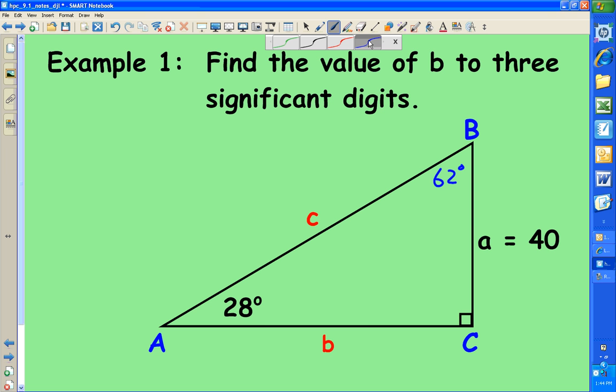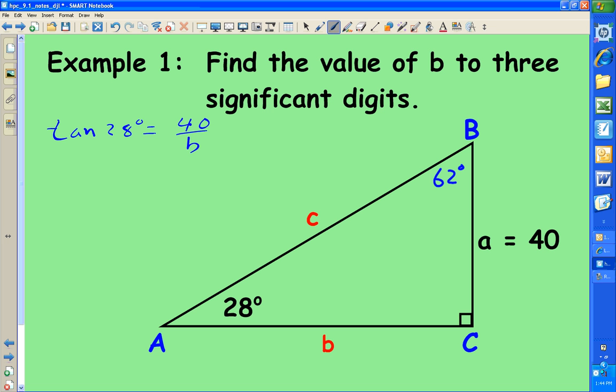The sine of 62 is equal to B over, never mind. How come? How come never mind? Because we don't know the hypotenuse yet. Tangent of 28 degrees is equal to 40 over b.